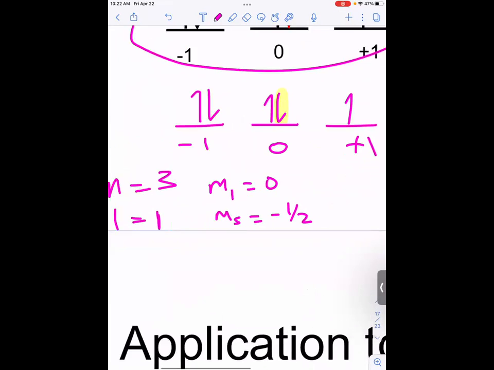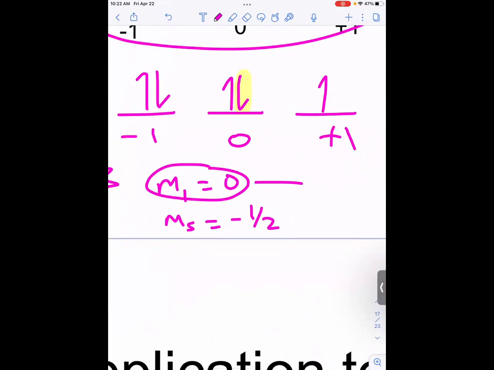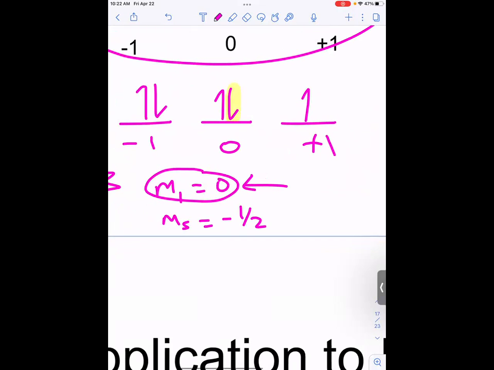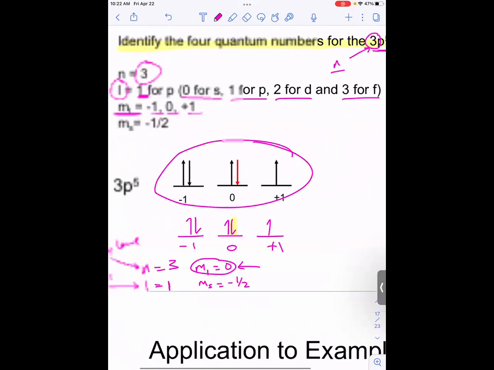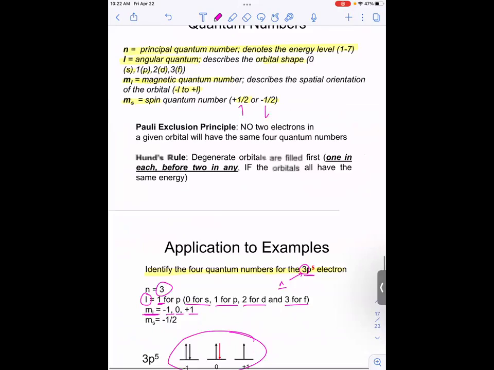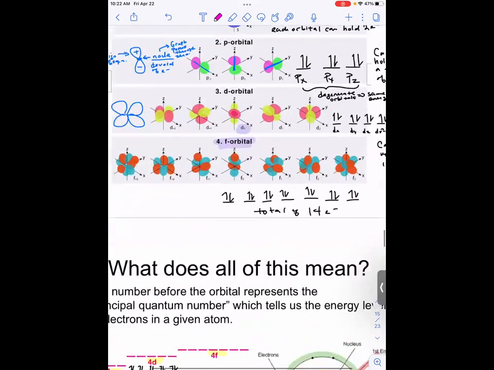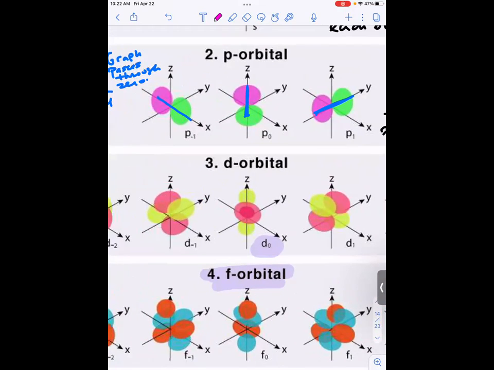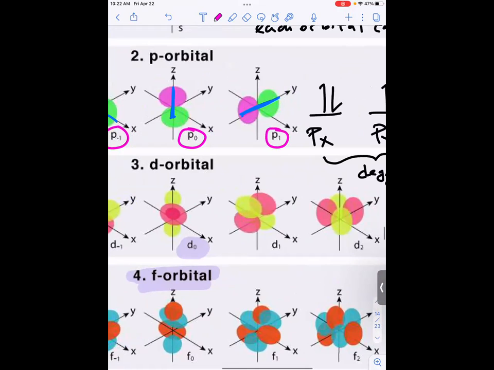Right? M sub L is 0, which means it's in the middle orbital of those 3p orbitals, whether it's px, py, or pz. Let's go back up to here. I think it's pz. Yeah, it's pz, because you can see that p0 is pz, p-1 is px, and then p1 is py, right?